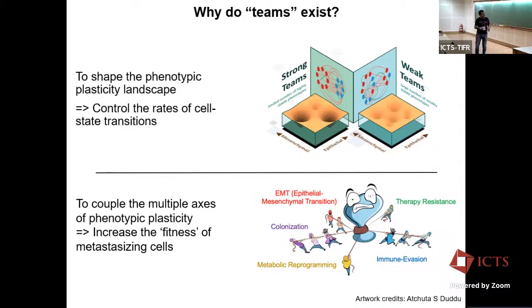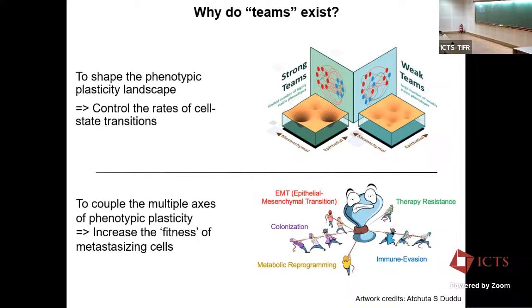So that's one. The other idea for which we have been gaining some interesting data is that, if again you think of the journey of a metastatic cell, it is a highly, highly challenging journey. It has to overcome so many different bottlenecks. It has to change its metabolism, it has to change its property to evade the immune system, to evade the drugs, to change adhesion, migration, to settle at a different site, etc., etc., etc. Right?